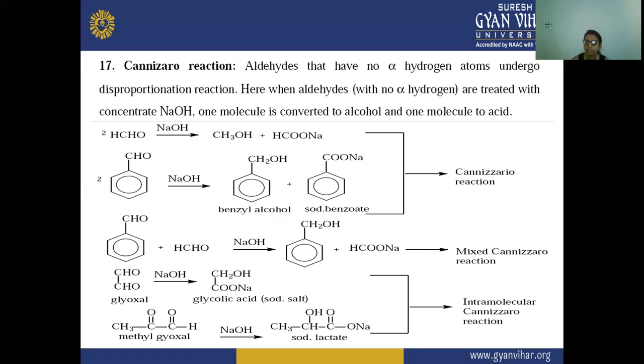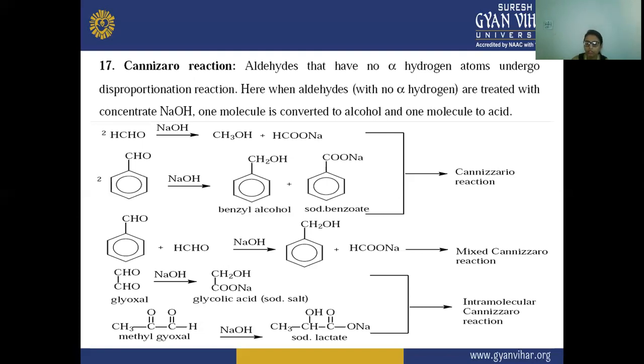So here the benzaldehyde is reacted with formaldehyde in the presence of strong concentrated alkali, and there is a formation of this alcohol as well as this carboxylic acid. This reaction is known as the mixed Cannizzaro reaction because there is a mixture of aryl as well as aliphatic aldehyde. That is why it is known as the mixed Cannizzaro reaction.